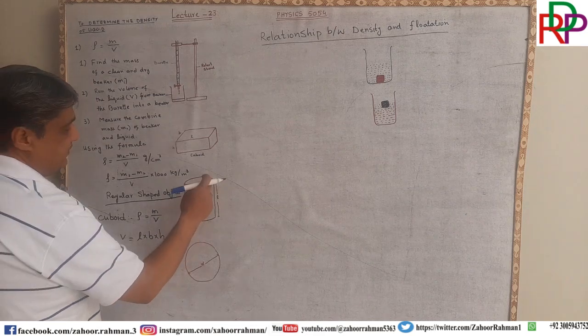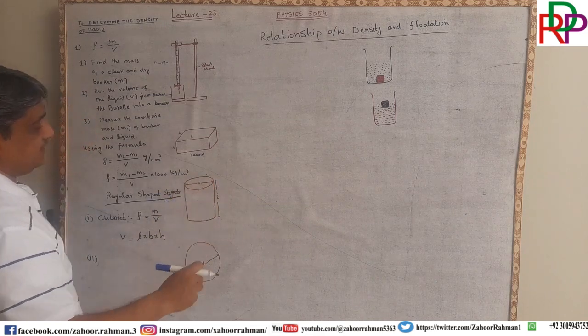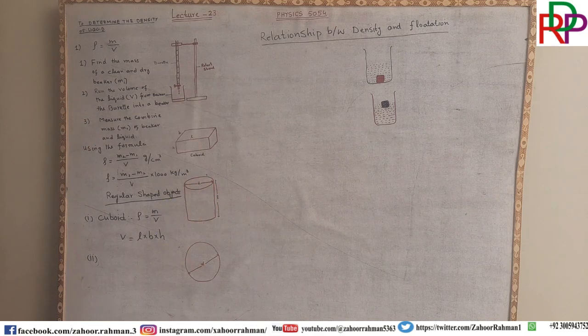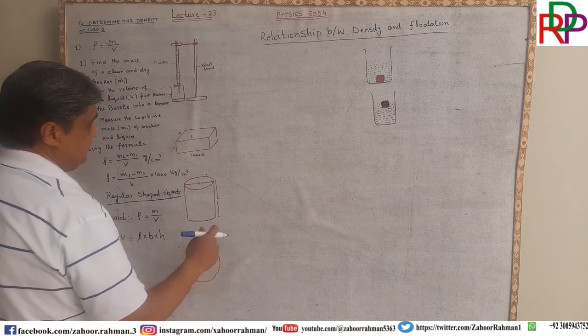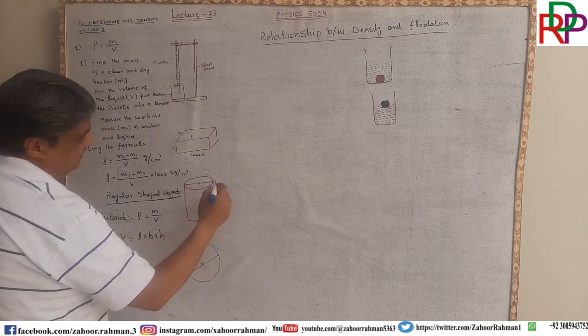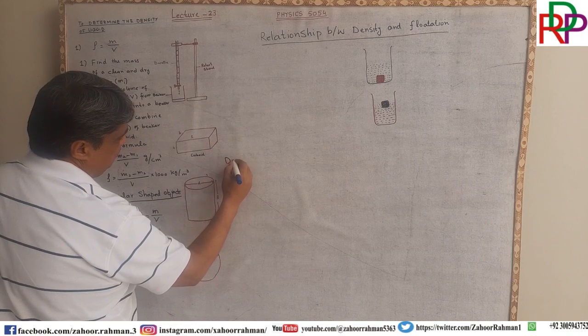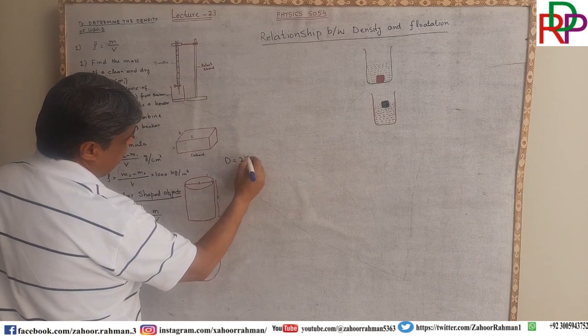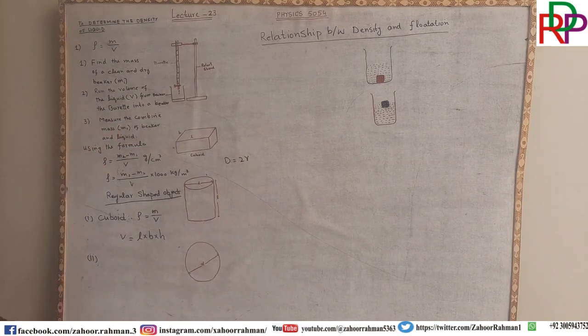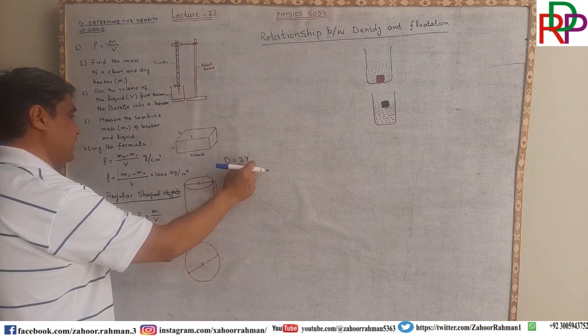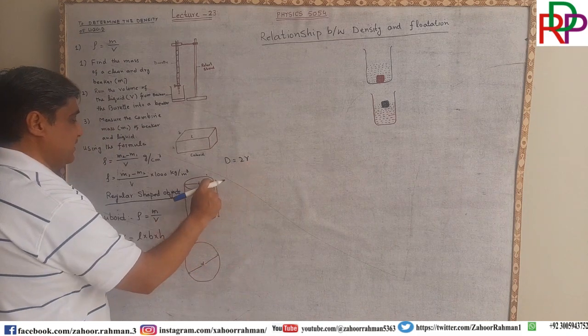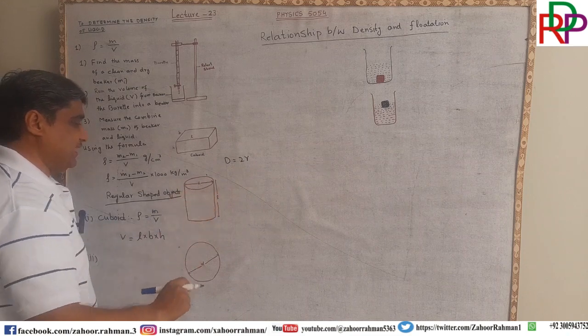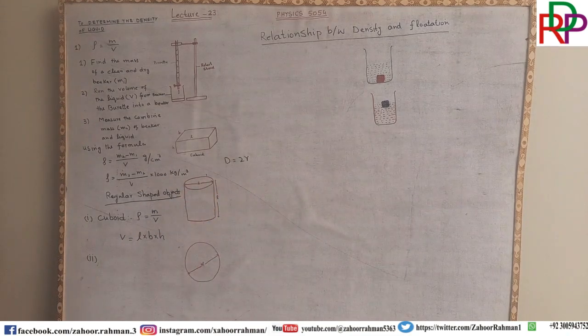Now what about the second shape, which is a cylinder? In the cylinder we have to find the diameter, and you know, ladies and gentlemen, that diameter is equal to 2r. Sometimes people write the formula in terms of radius, but because we are finding the diameter here, we are using the diameter.